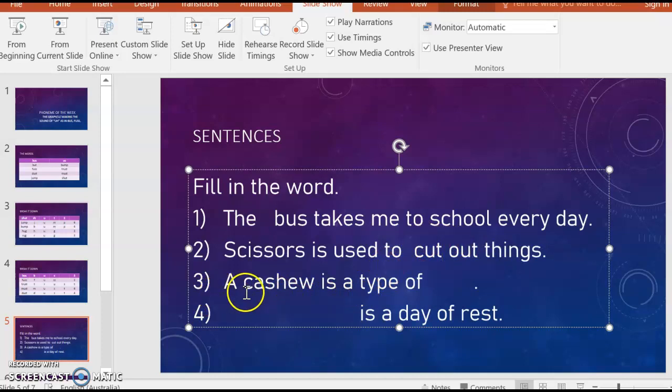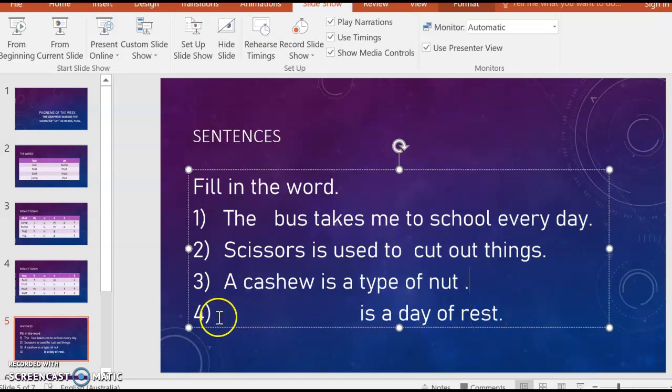Number 3: a cashew is a type of what? Something. A cashew is a type of nut. Let's move this full stop back closer to this. A cashew is a type of nut. Last sentence: something is a day of rest.